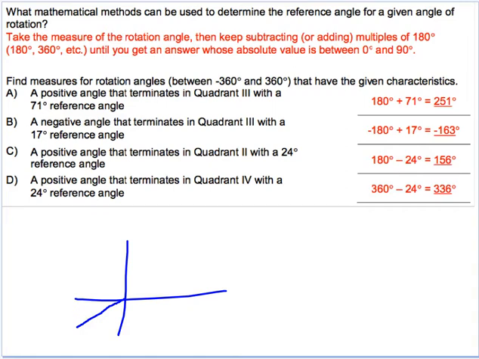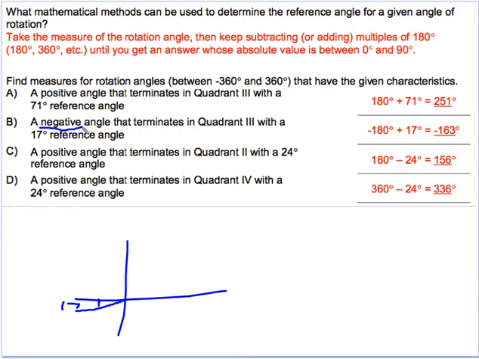So now what happens if you terminate in the third quadrant again, but your reference angle is 17 degrees? So now, a smaller angle. This little tiny angle, 17 degrees. Find the measure of rotation angles between negative 360 and positive 360 that have the given characteristics.